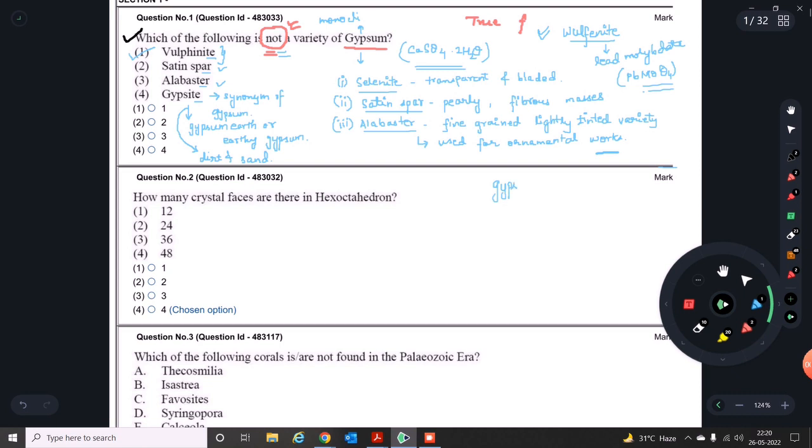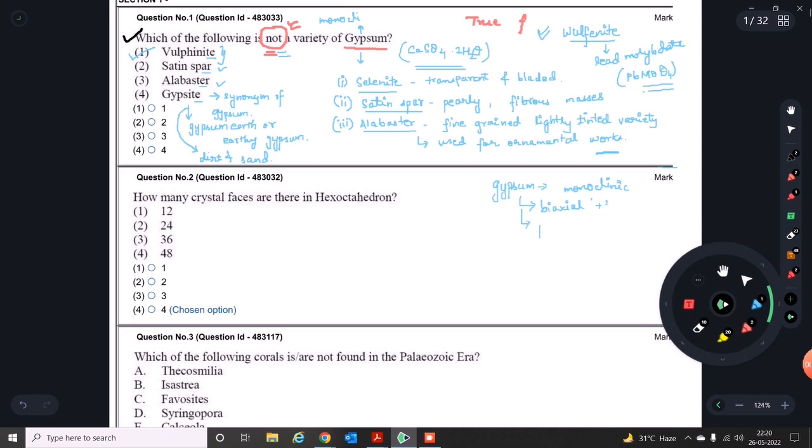Write these points. These are a few points from where questions may occur, like in match the column or in any way it can occur. Okay. So gypsum is monoclinic. It is biaxial positive. These are some of the properties that you must know.